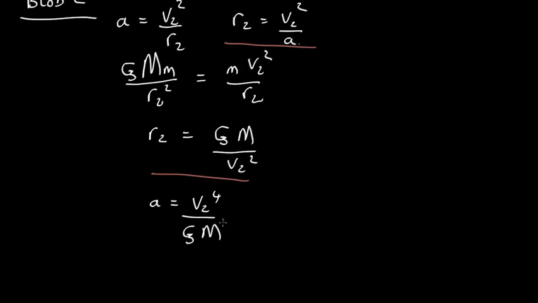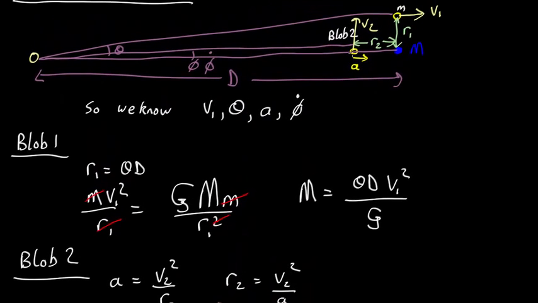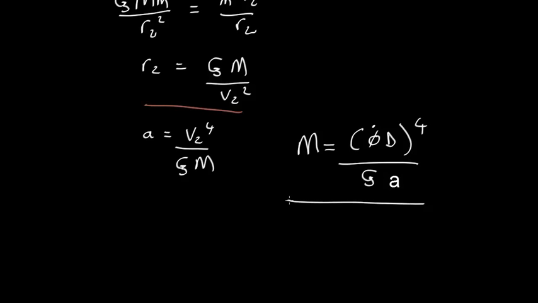And now with R2 cancelled out, we rearrange that to get M, and we get M equals V2 to the fourth over G A. Now V2 is just phi dot times the distance. Small angle approximation again. So that's going to be phi dot d to the fourth over G A. So it's the second equation for the mass.